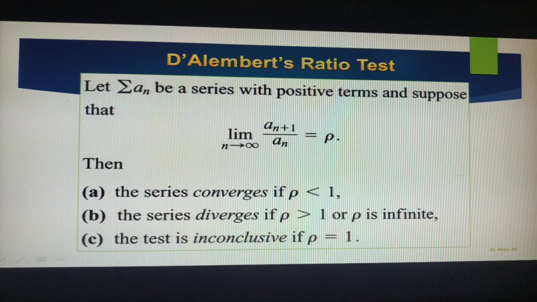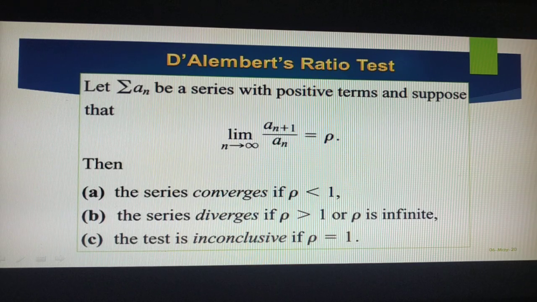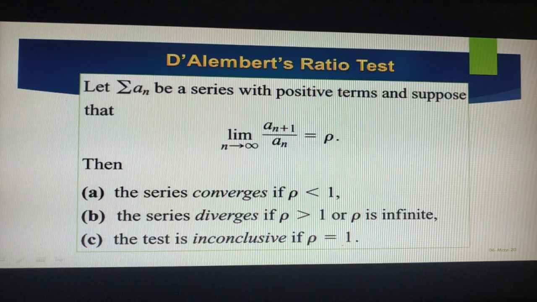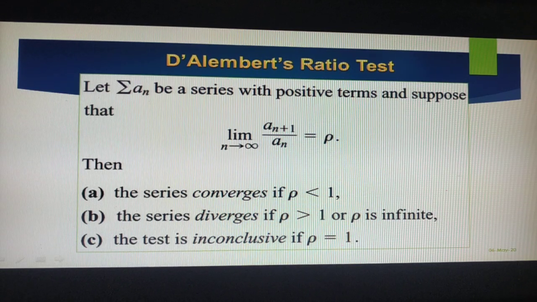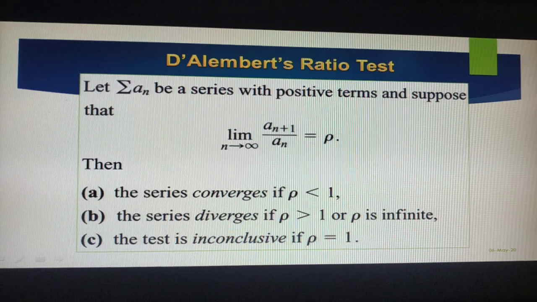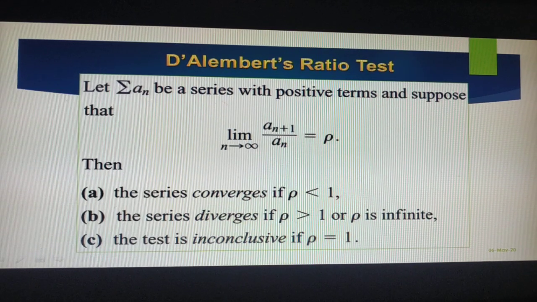The series diverges if rho is greater than 1 or maybe infinite. This D'Alembert test is again inconclusive, meaning it fails, if rho is equal to 1. So conditions are similar to your Cauchy's nth root test, but here the limit formula is different.